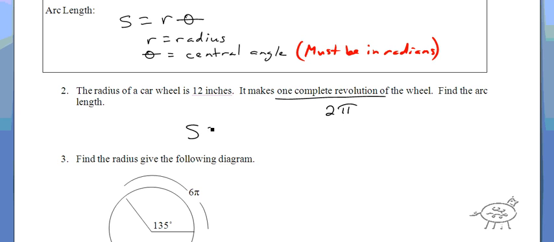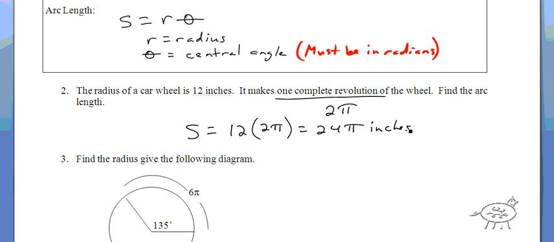So S is equal to R, which is your radius, times 2 pi, again in radians. And so the arc length is 24 pi inches. Okay, all right, that's pretty reasonable.